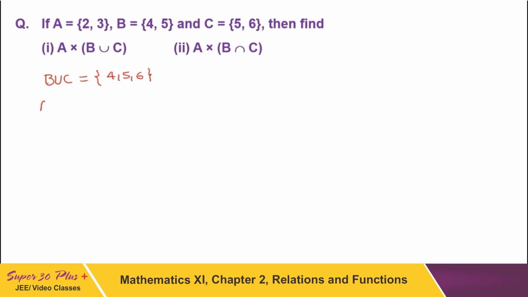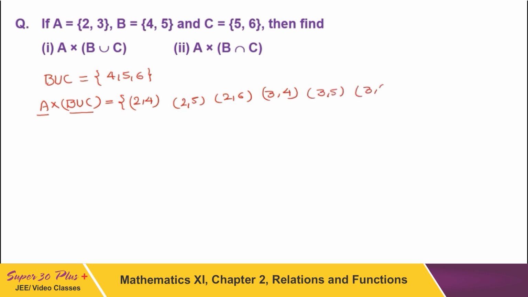Now we have to find A cross B union C. It is the Cartesian product of set A and the set B union C. It is the set of ordered pairs such that first elements come from set A and second elements come from set B union C. Means it will be (2,4), (2,5), (2,6), (3,4), (3,5), and (3,6).